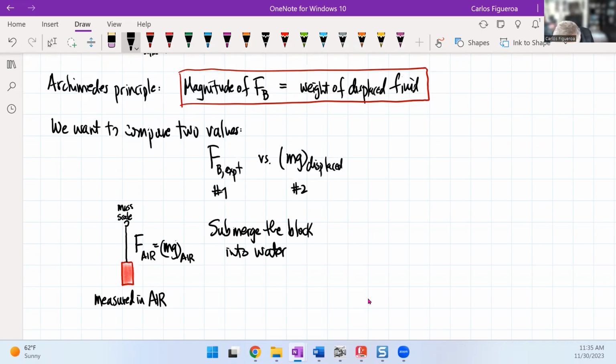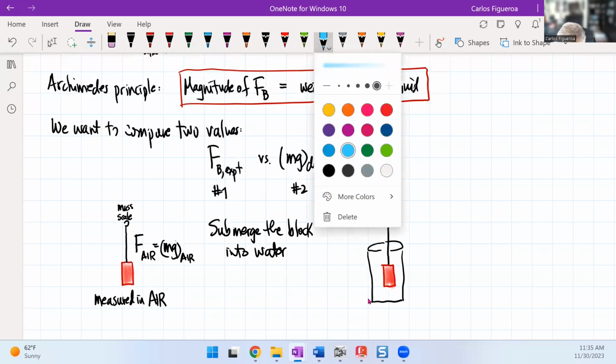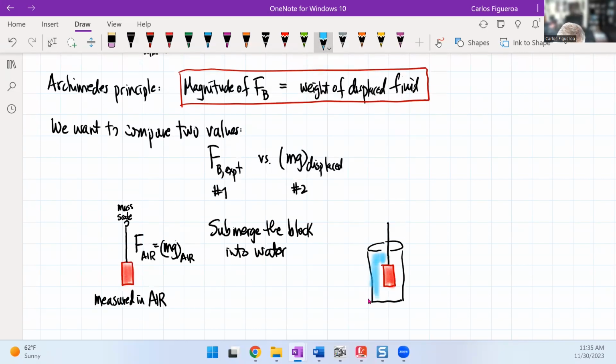So I'm going to have the same block, but now in a container of water, and this is now going to be the force in water.